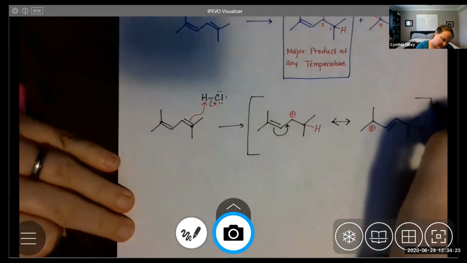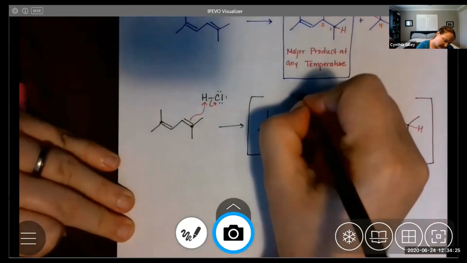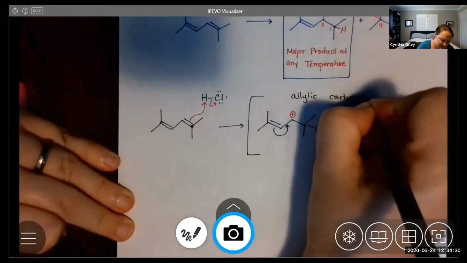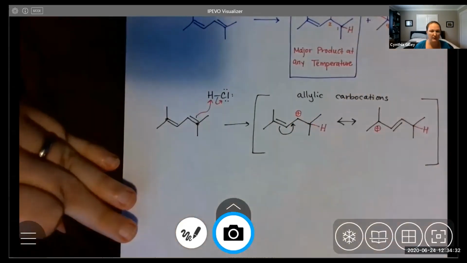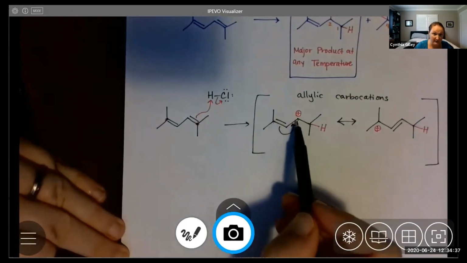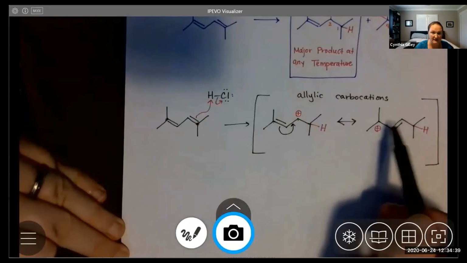So those are our two allylic carbocations, resonance stabilized. The partial charge is really shared between these two carbons, which is what the resonance tells us.